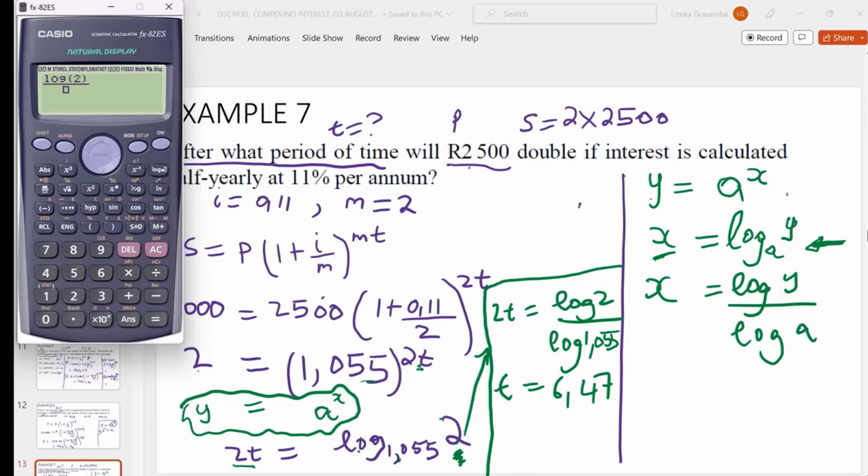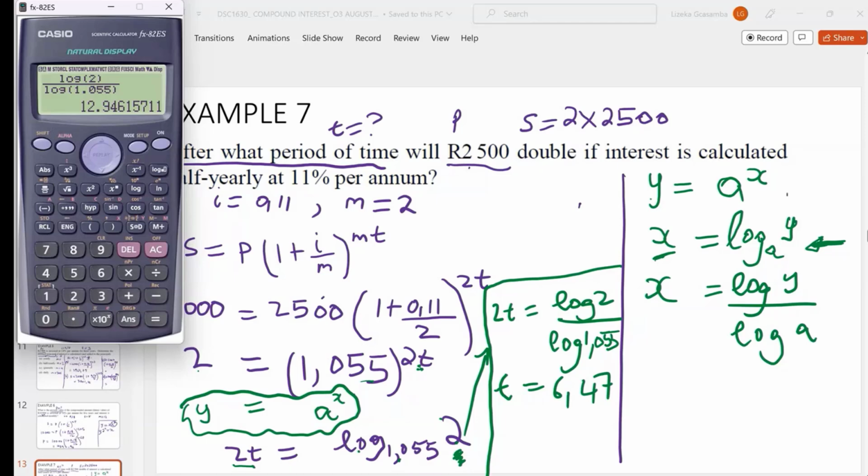Your denominator is going to be log of 1.055, and then you close, and then you are going to get an answer, which is 12.94.